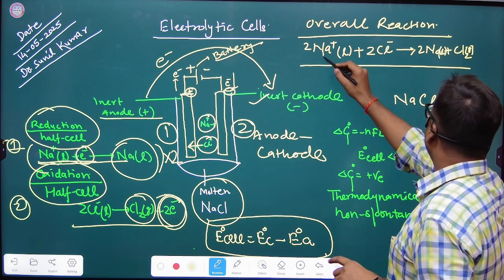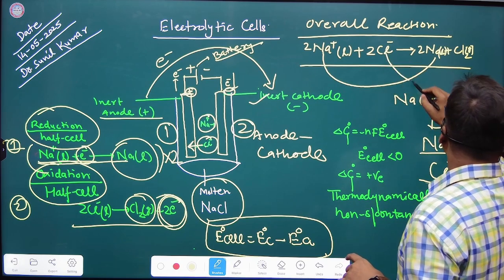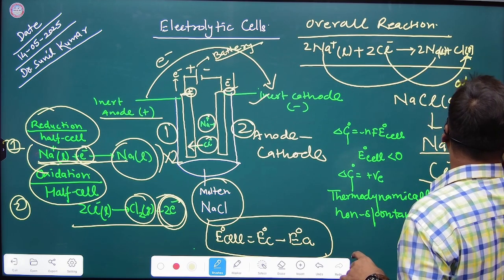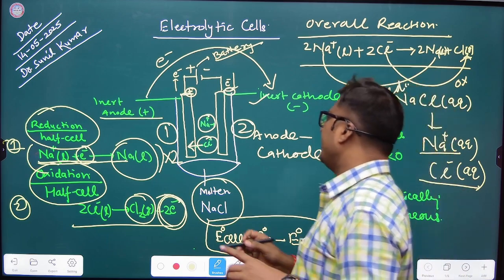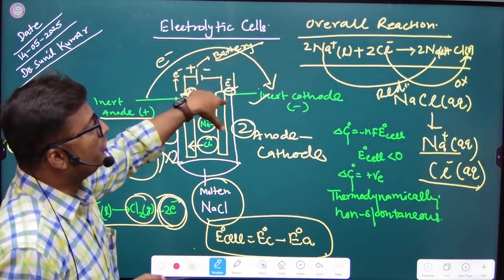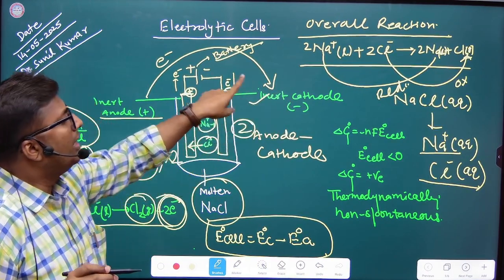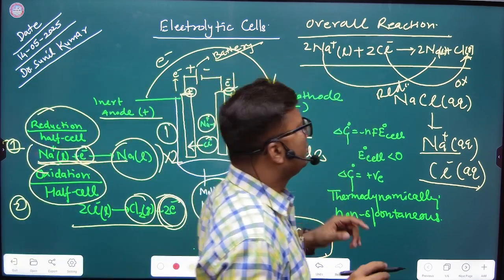Here sodium ion is reduced and chloride ion is oxidized, right? So in the overall reaction, sodium is reduced to liquid sodium and chloride ion is oxidized into chlorine gas, right?